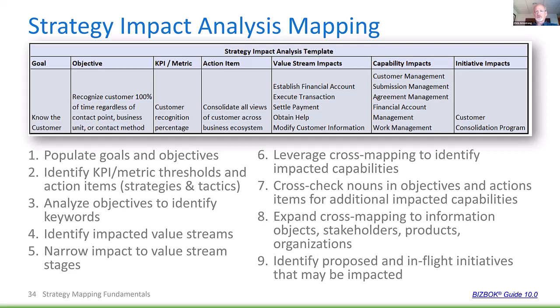We're going to do some more research on that and get back to you. It's also going to impact these five capabilities, and it's going to impact these initiatives that are already funded and either are waiting to get started, or perhaps are in flight already.